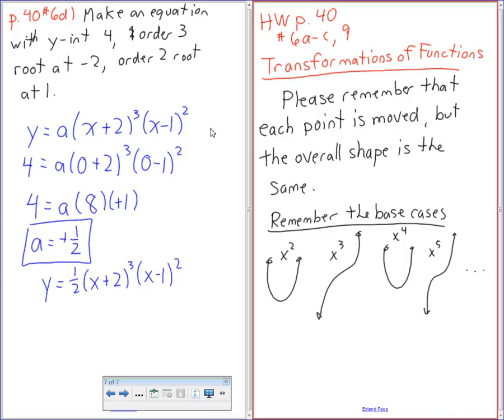Those are the base shapes of all the functions, okay? They'll get things moved around, but remember the first day, the second day of class, when we got to the graph and calculators.